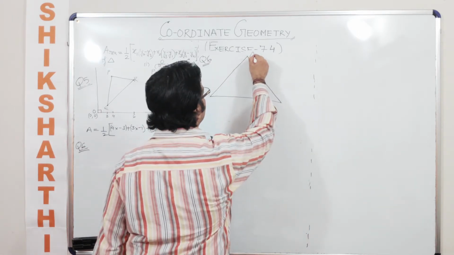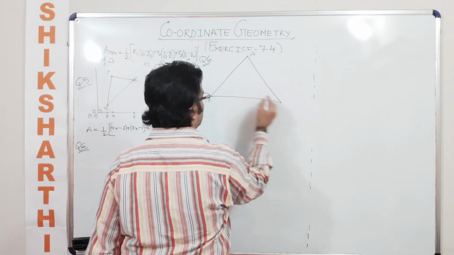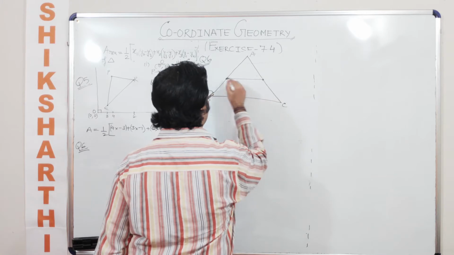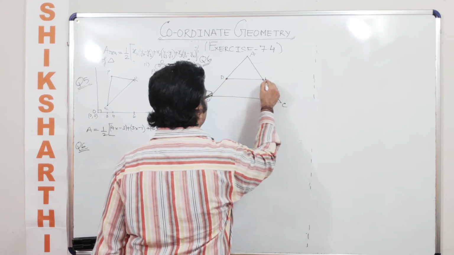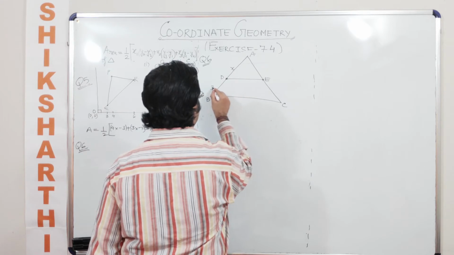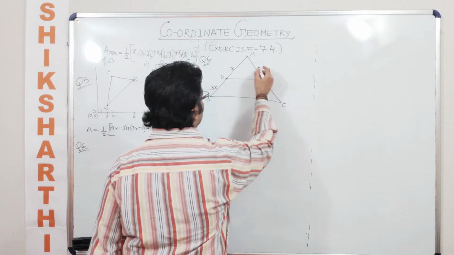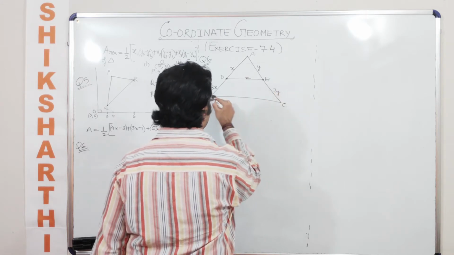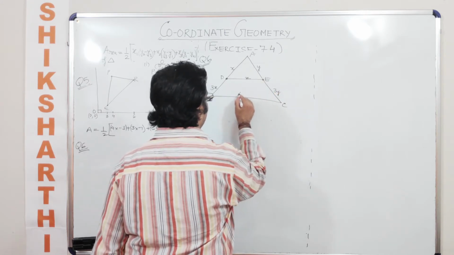ABC. And there are 2 points, let's say D and E, such that if this is x, this entire part is 3x, and this entire part is 4x. If this is y, the remaining part here is 3y. If this is z, the total part will be 4z.